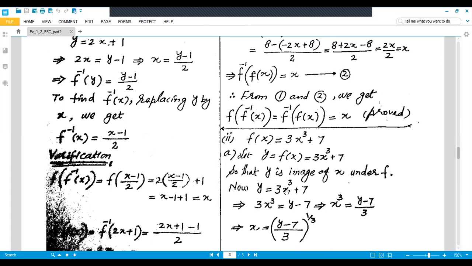To find the value of x, you have to shift this 7, so it will be y minus 7 equals 3x cube. The 3 is multiplied here, so shifted to the other side, divide.